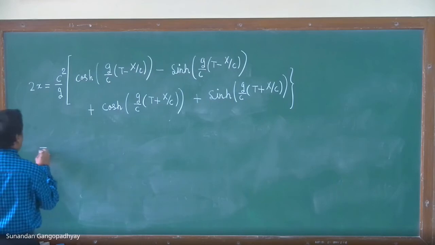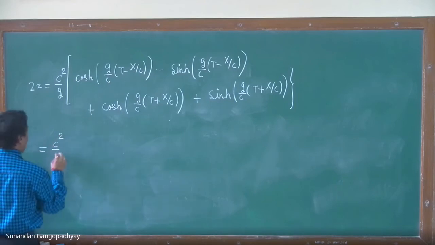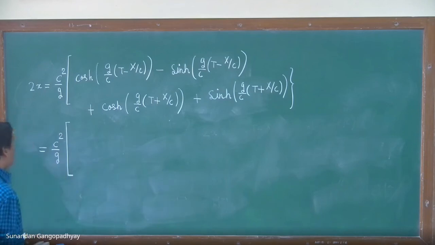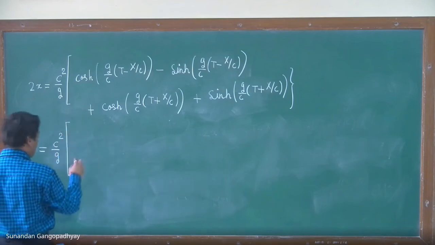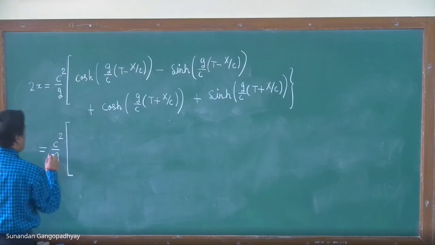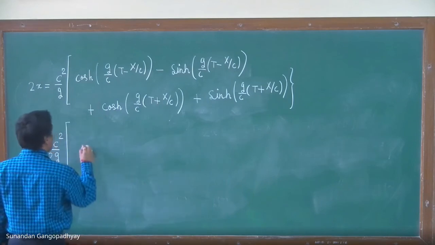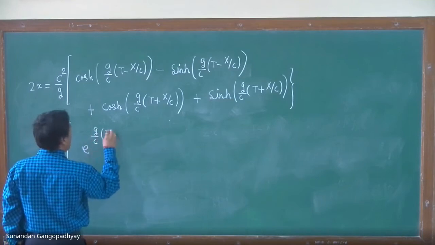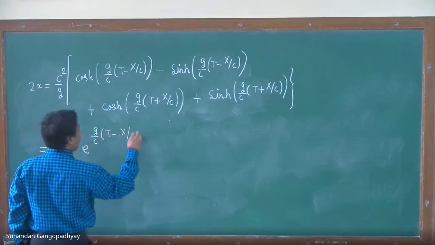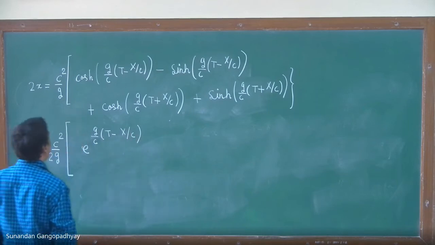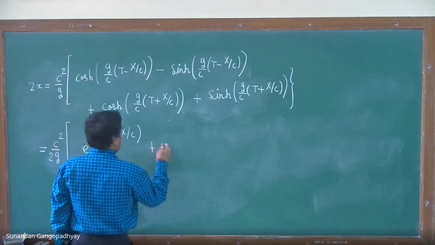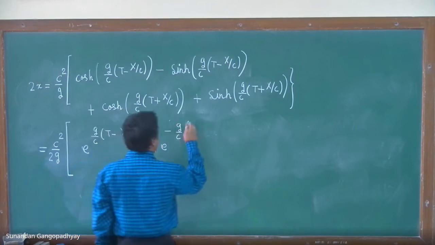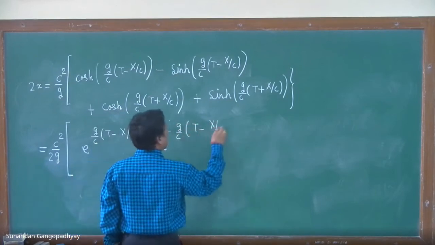So this will be equal to c squared by g. From each of these things you will get twice. So this will be e to the power of g by c times e to the minus x by c, plus exponential minus g by c times e to the minus x by c.